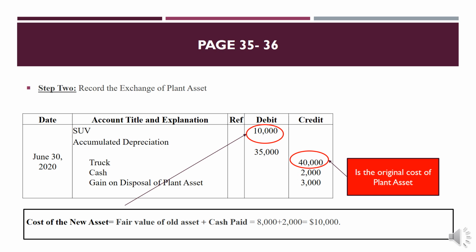We also need to calculate the cost of the new plant asset, and it's calculated by the fair value of the old asset plus the cash paid, which is $8,000 plus $2,000 equal to $10,000. The difference between the debit and the credit will be the gain or the loss on disposal. Here in this exercise, we have a gain on disposal, which is $3,000.